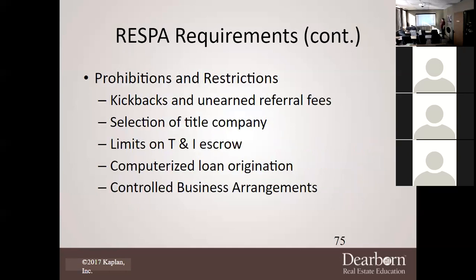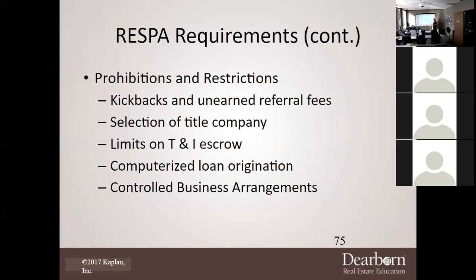There are also, again, prohibitions and restrictions. Kickbacks or unearned referral fees cannot be allowed. Selection of the title company, as well as the limits on the title insurance escrow, the computerized loan origination, and controlled business arrangements. These are all things that cannot happen. So, for example, Eugene, if you're representing Miss Leela and she's selling her property, she cannot say, I'm not selling my house unless I pick the title company.